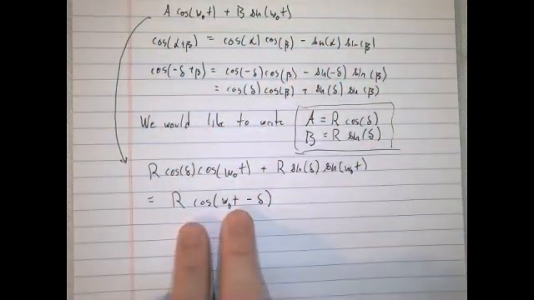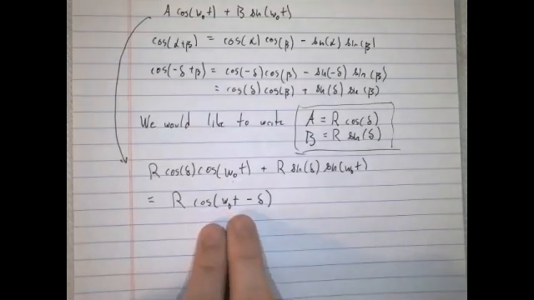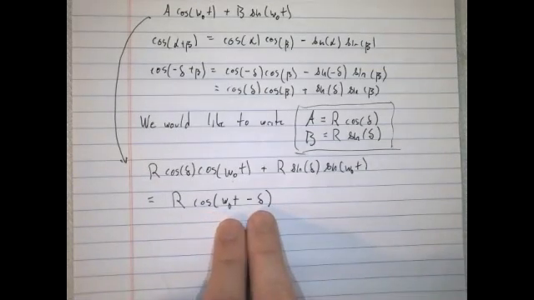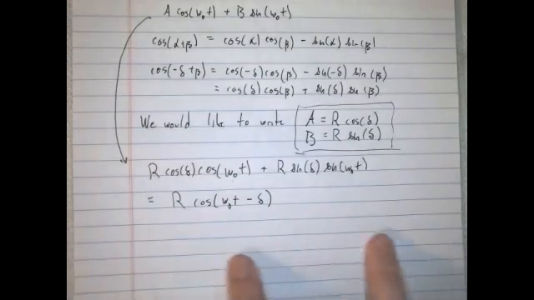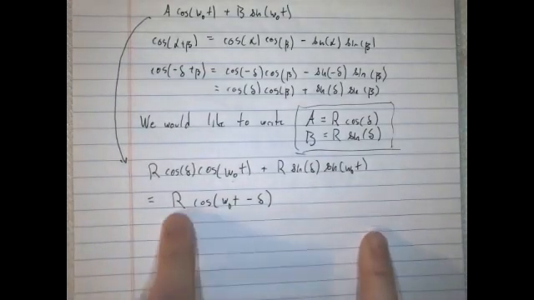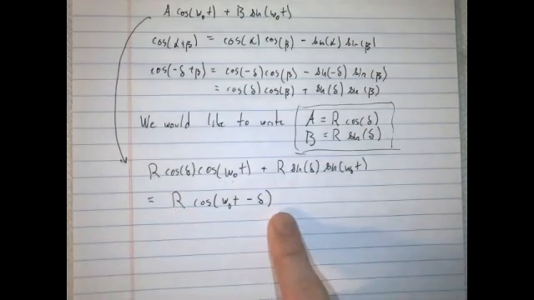Here, I also have a two-dimensional family, but my parameters are appearing in a very different way. Delta is a parameter on the inside of the cosine, so if I change delta, that's shifting the cosine function to the left or the right. And then R is controlling the magnitude of the cosine function.